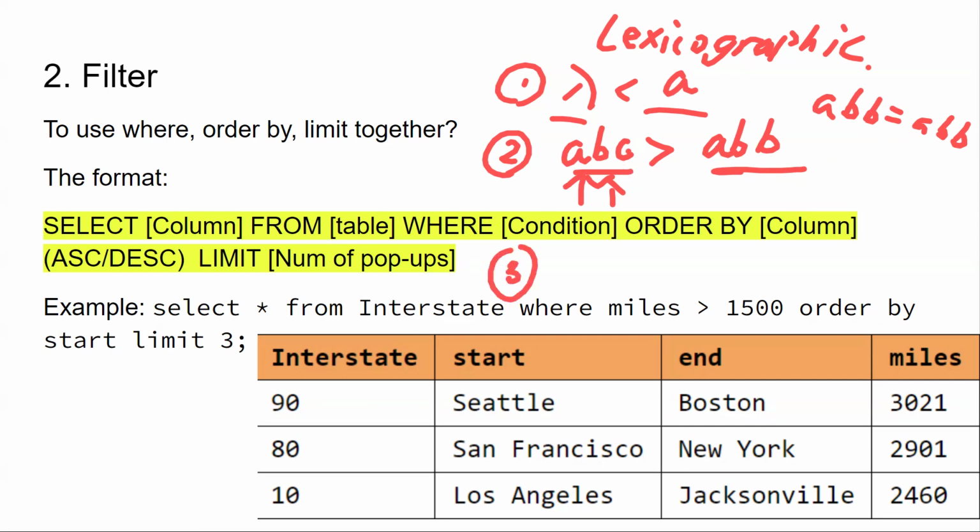And for the first situation, when the first several letters are the same and one of the strings is longer than the other, the missing part will be considered as a lambda. So lambda should be less than A. Lambda comes before A. So A is less than ABB.